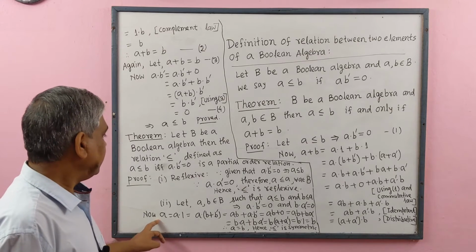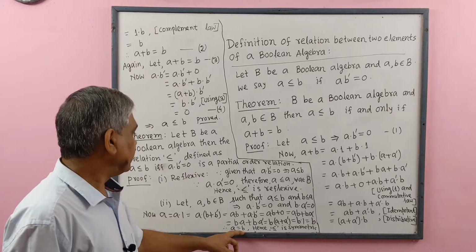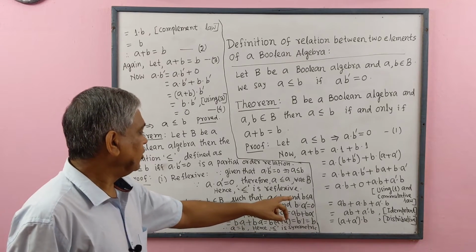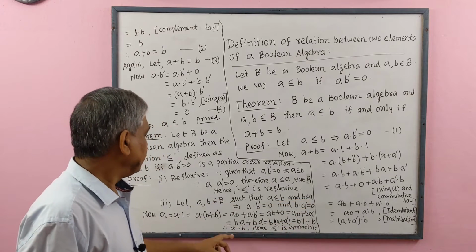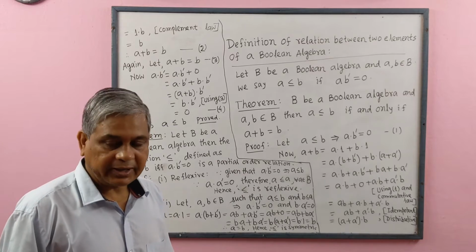Left side is a, right side is b, therefore a equals b. Hence we get a is related to b, b is related to a, then a equals b. Hence this relation is antisymmetric.